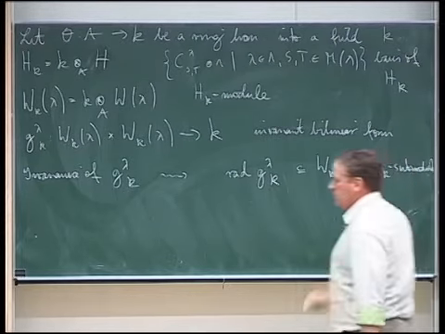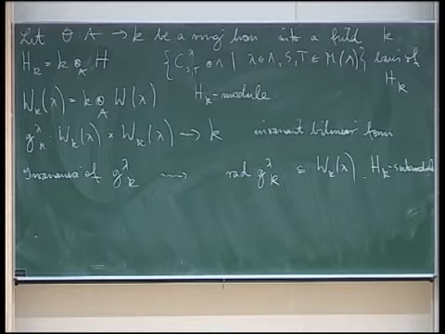As you check immediately, if you have an element in this module which is orthogonal to everybody else, then the image of such an element under H will also be orthogonal to anything else, using this invariance property.